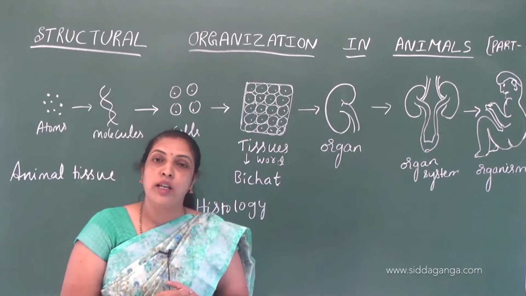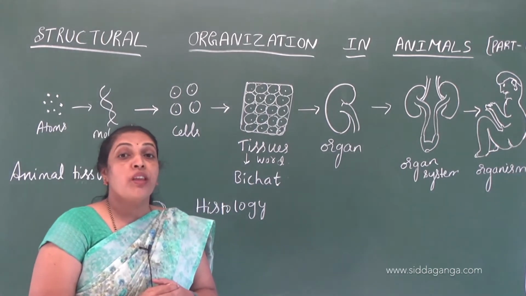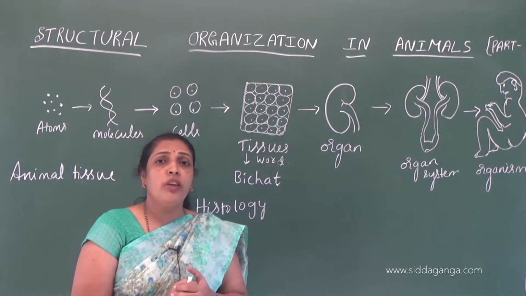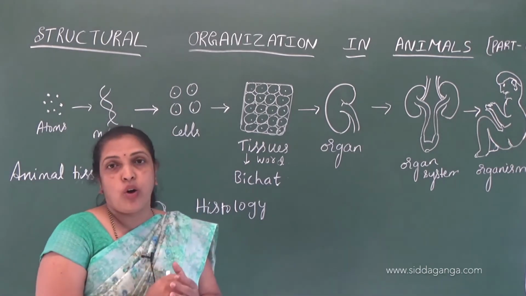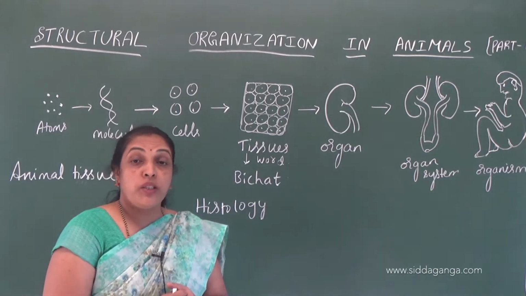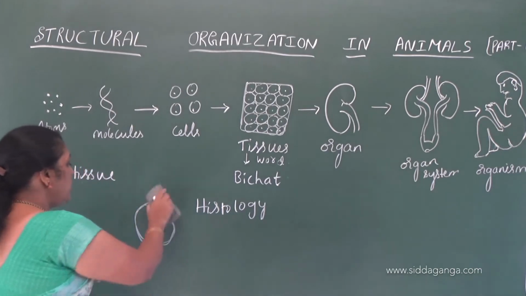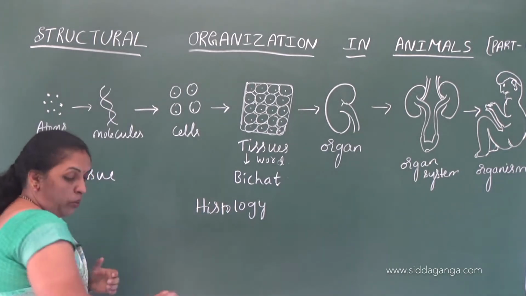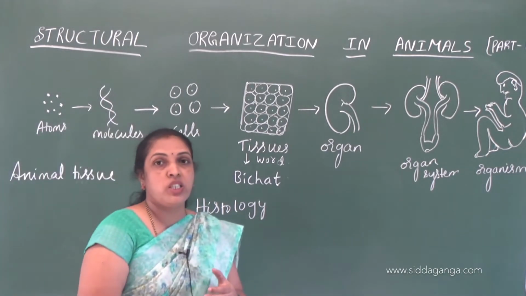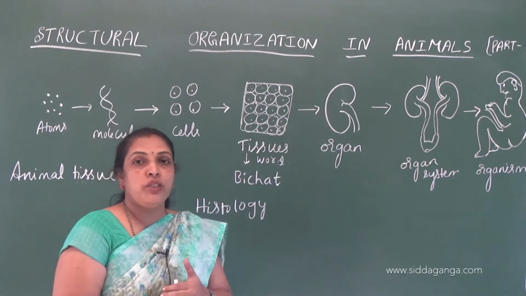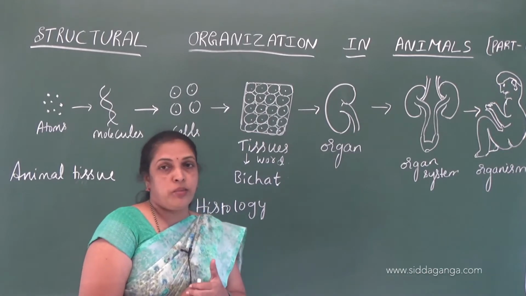Whereas in multicellular organisms, as the organism size is also large, there are specific organs performing specific functions. Understood? So in multicellular organisms, we will study today about the tissues which help in the formation of organs, and that helps in the formation of the organism.